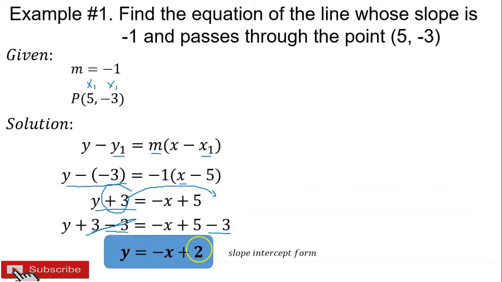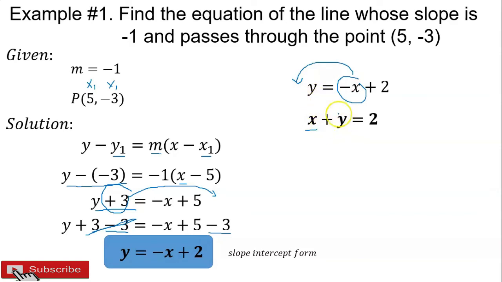So, eto na ngayon yung ating slope-intercept form. Yan yung equation ng ating line. Hanapin din natin yung standard form ng linear equation, na nasa form na ax plus by is equal to c. So, using this y is equal to negative x plus 2, ita-transpose natin yung negative x to left side, kaya magiging positive siya.